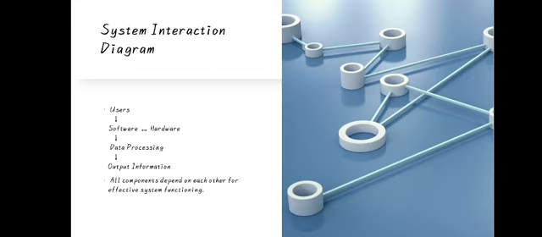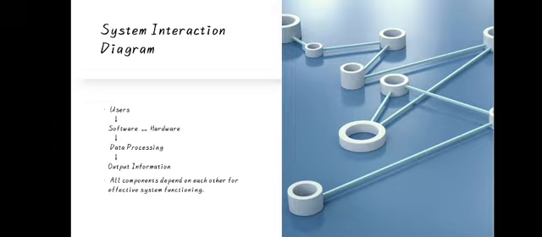System interaction diagram flow: first the user interacts with the software, which then interacts with the hardware. The user connects to software, then to data processing, and then to the output information.